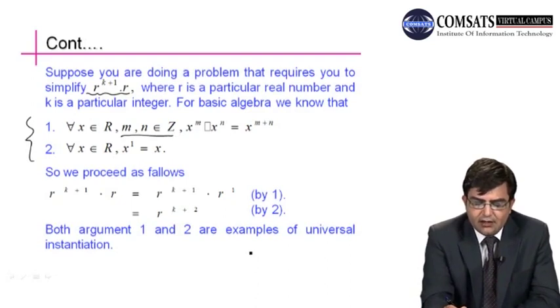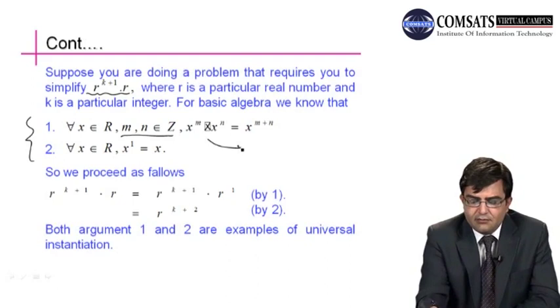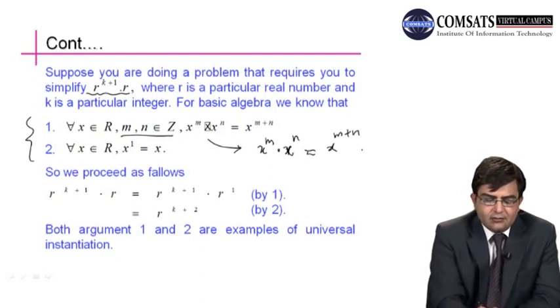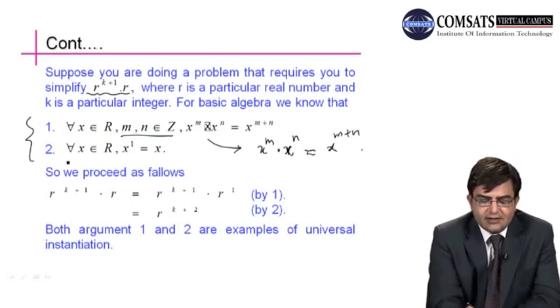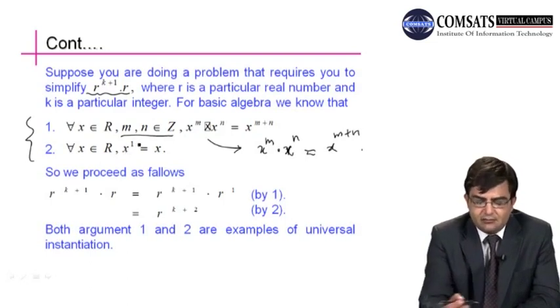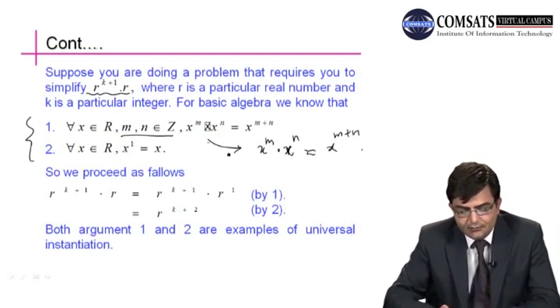The first is multiplication, x^m times x^n, which is x^(m+n). The second rule says that any real number to the power 1 is the same as that real number.